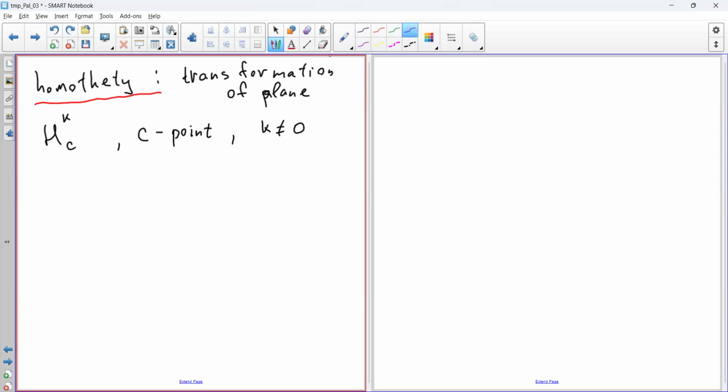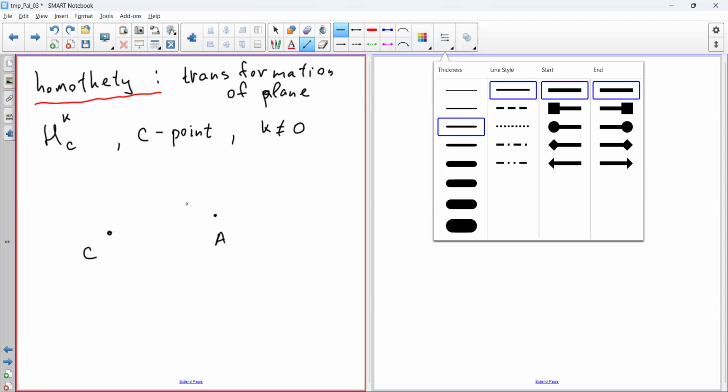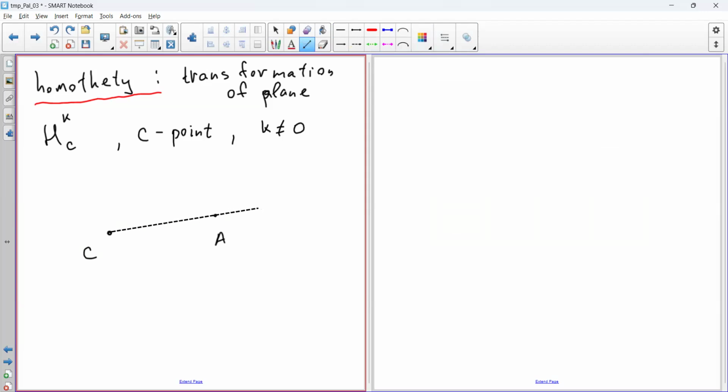So by definition, that would be a mapping, a transformation of the plane, that is a function on the points of the plane. If we have point C and any other point A, then in order to get the image of the point, we must consider the following construction.